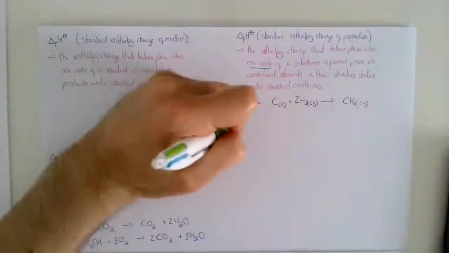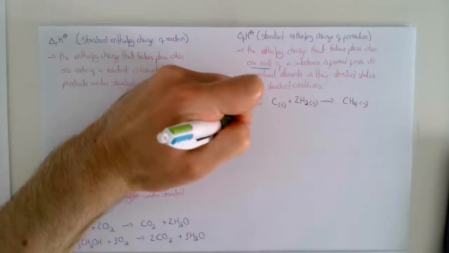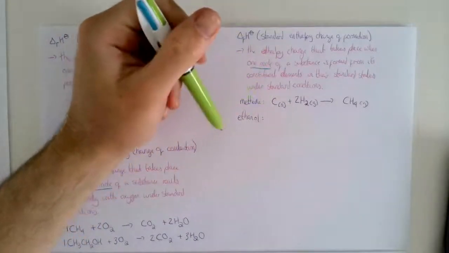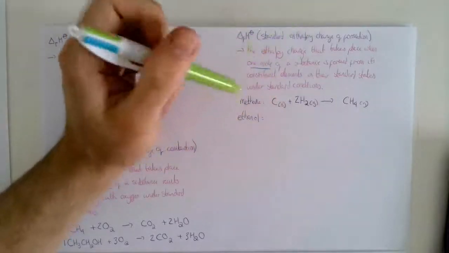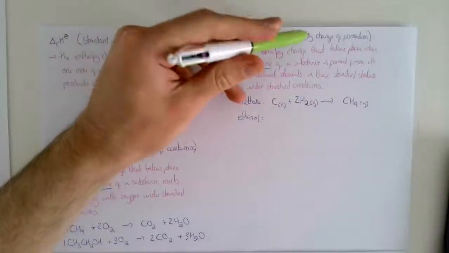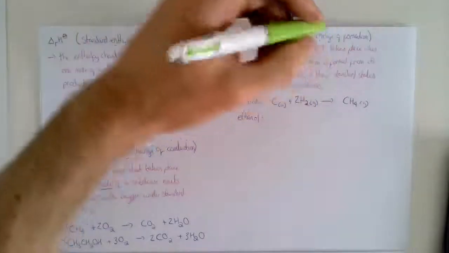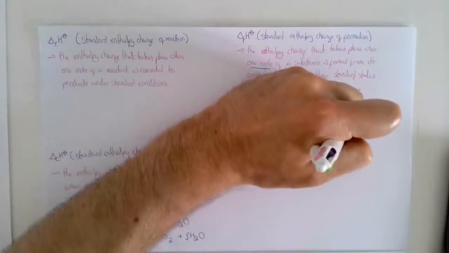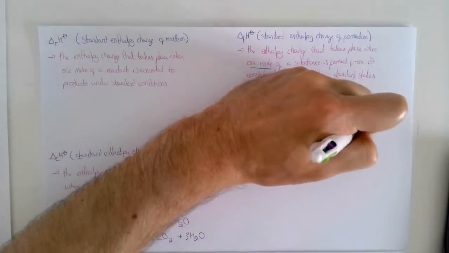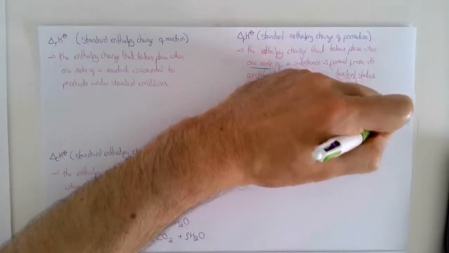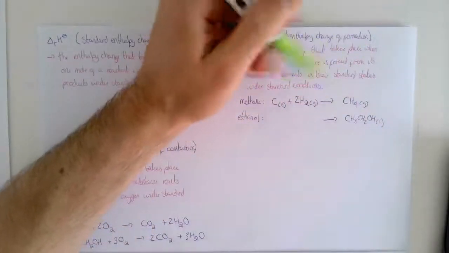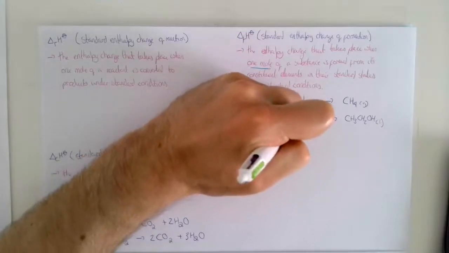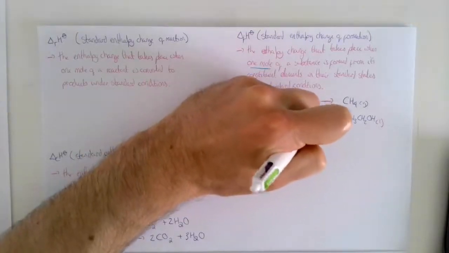So let's do another one. Let's do ethanol. The question says, write an equation that expresses the chemical change that takes place during the standard enthalpy change of formation of ethanol. So we're forming 1 mole of ethanol, and ethanol is a liquid, from constituent elements. So what have we got in here? We've got carbon, hydrogen, and oxygen.